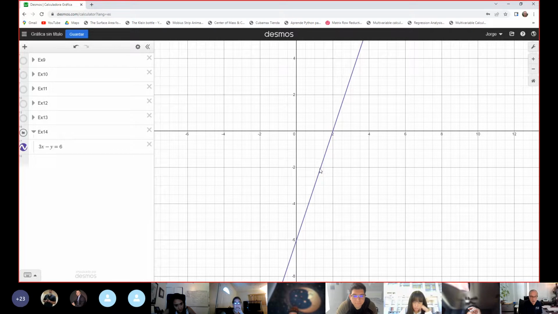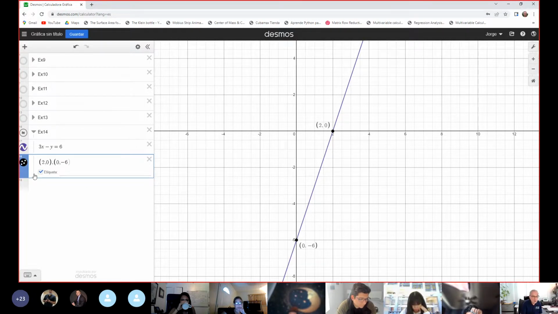And the intercepts are 2,0 and 0,6. Parenthesis 2,0 and comma, parenthesis 0,6, and purple color, everyone. This is my graph of example 14.